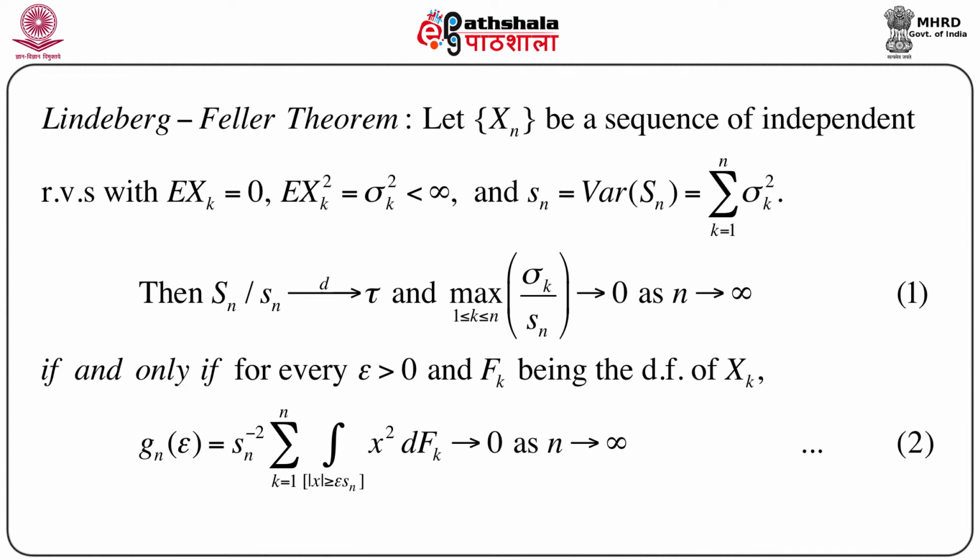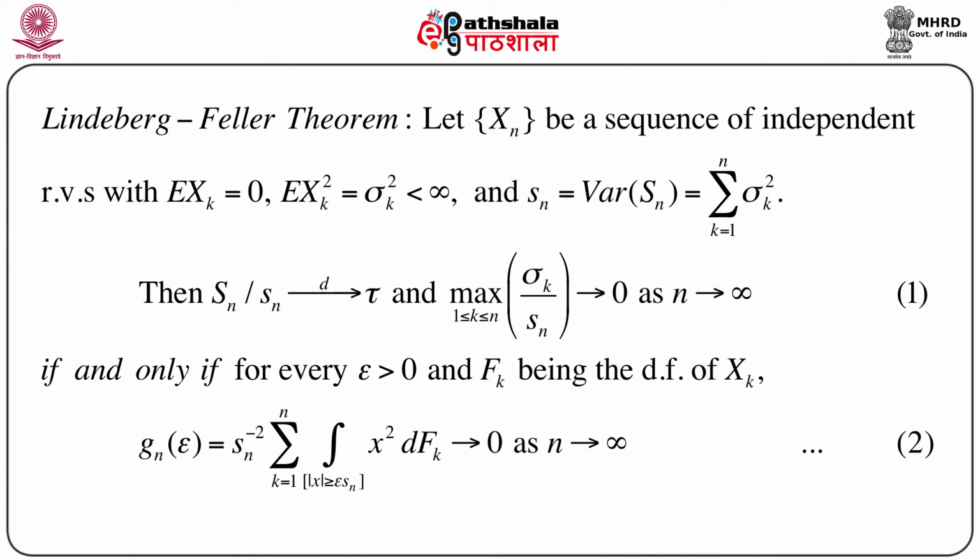The statement goes like this: if Xn is a sequence of independent random variables with expectation of Xk equals 0, expectation of Xk squared equals sigma k squared, which is less than infinity, and sn squared equals the variance of capital Sn, which equals summation sigma k squared, k equals 1 to n.